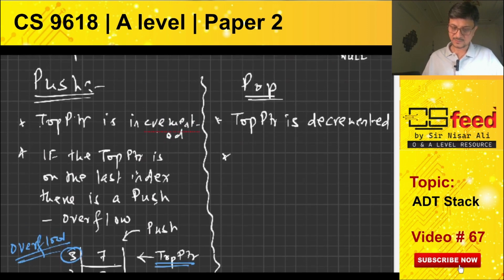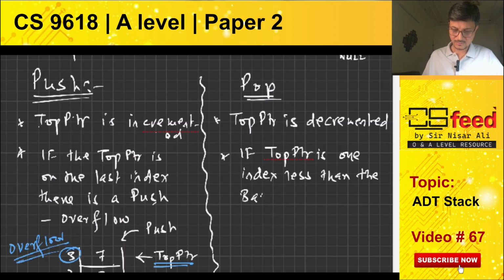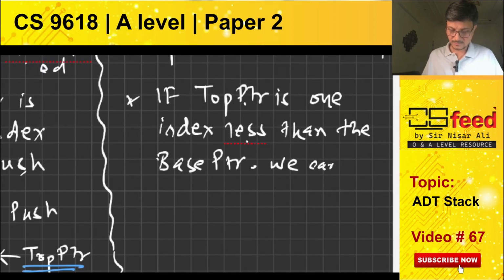when we look at the pop, if the top pointer is one index less than the base pointer, then we can't pop.